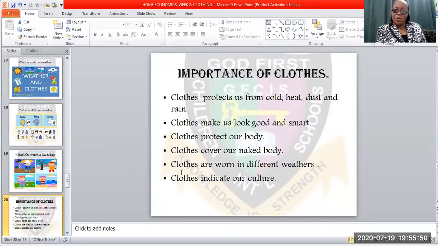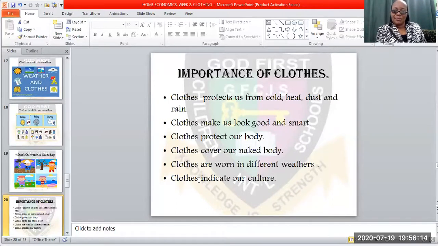Very good. Clothes are worn in different weather. Whatever the weather, there are clothes that match that weather.